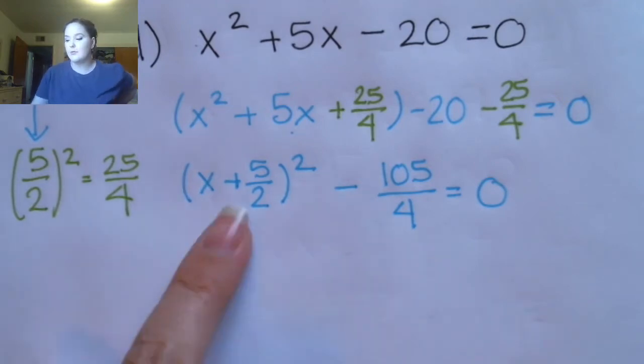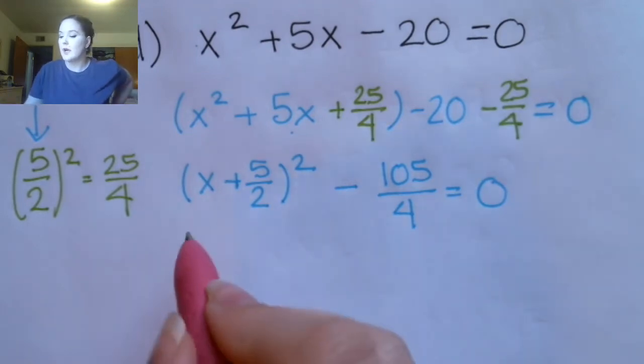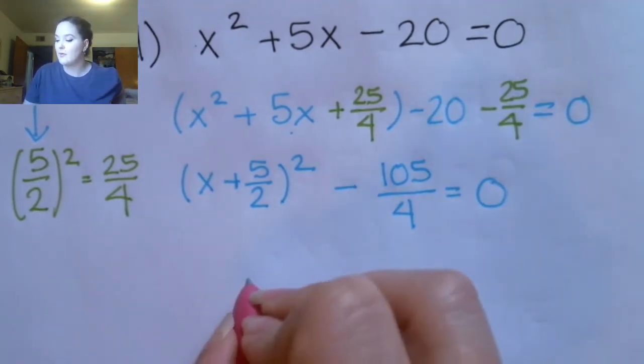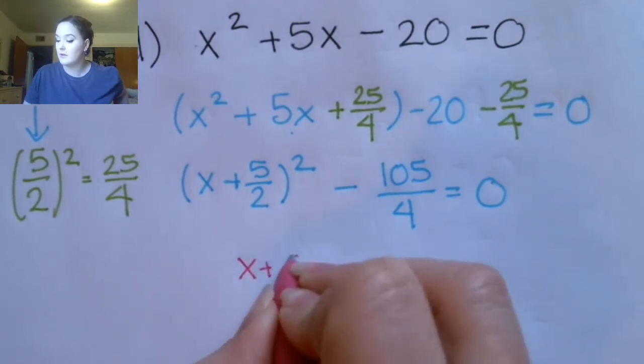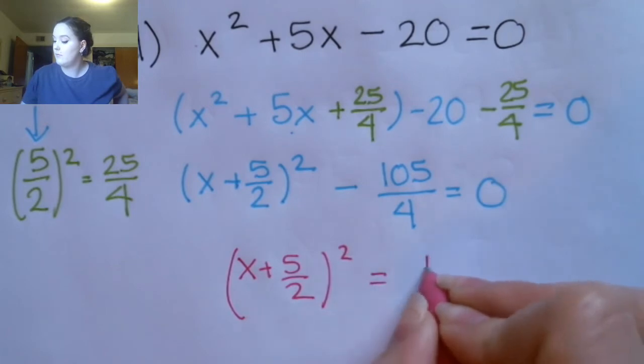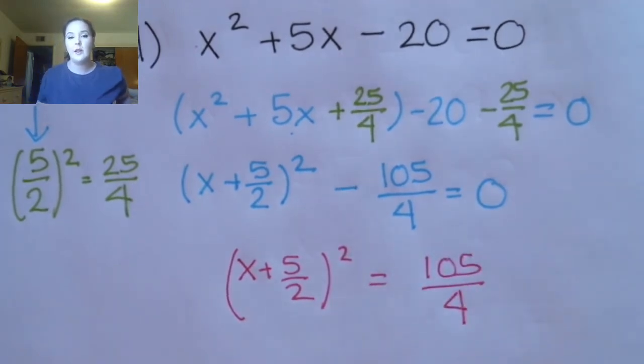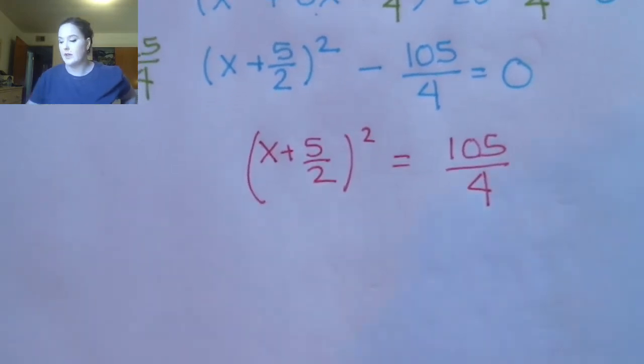So now we have our completed square, and we're going to solve using extraction of roots. So I'm going to isolate my square by adding 105 over 4 to both sides. Then I'm going to take the square root of both sides.